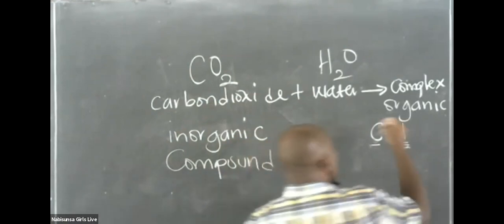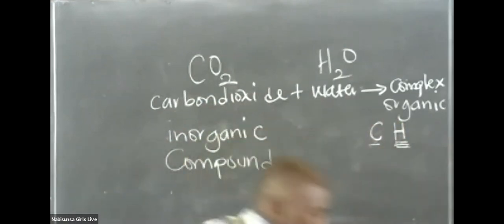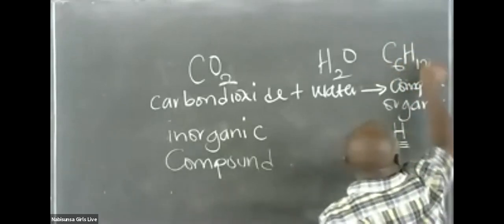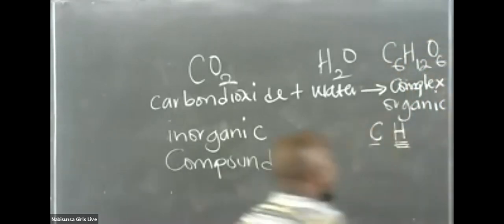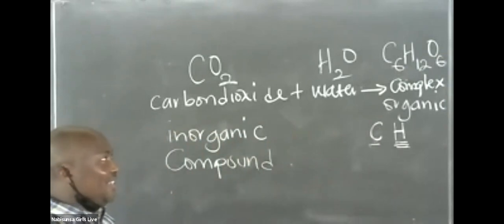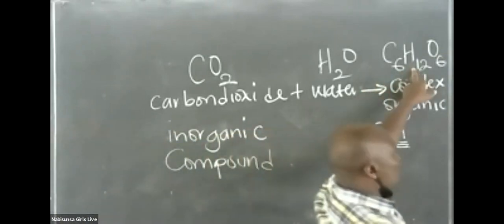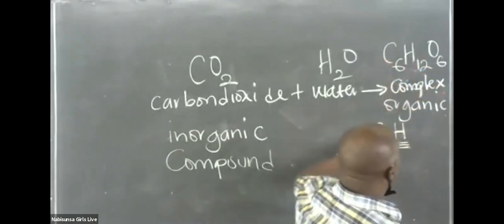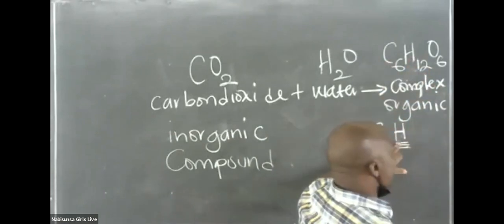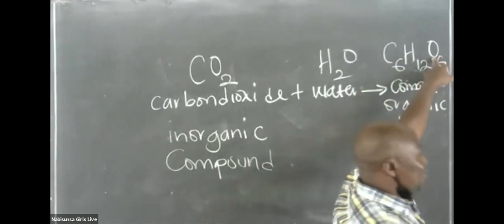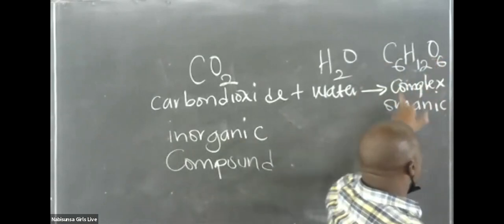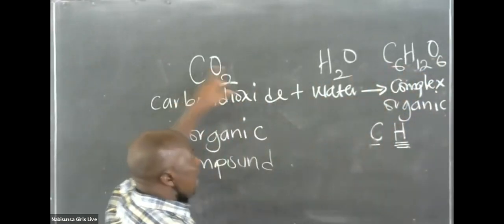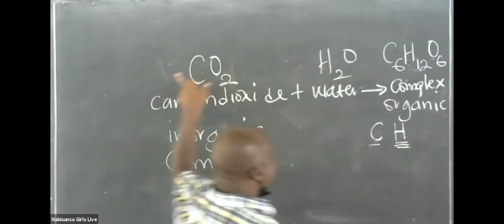But we end up forming something like this. Because we have the carbon, the hydrogen, and in addition oxygen, this is a complex organic compound, but it is made from carbon dioxide and water, which are simple.